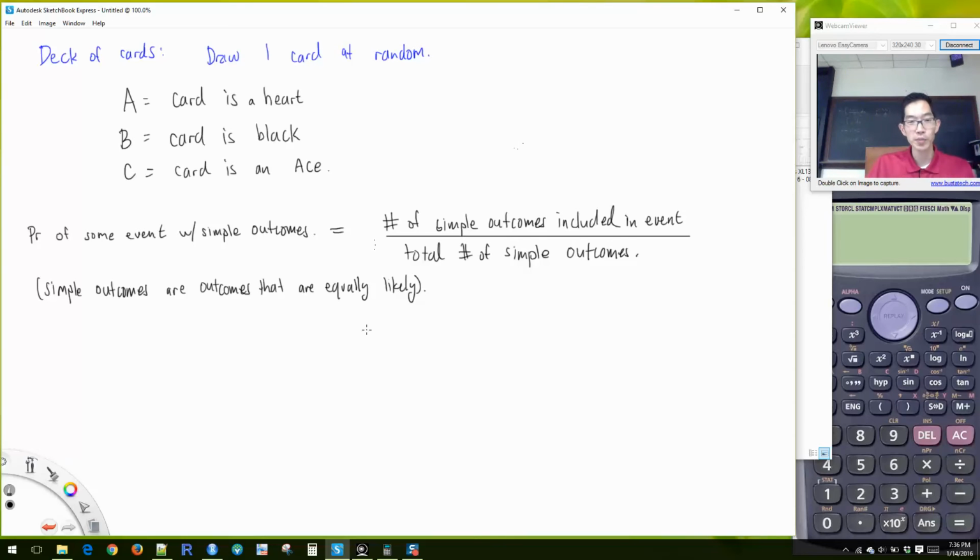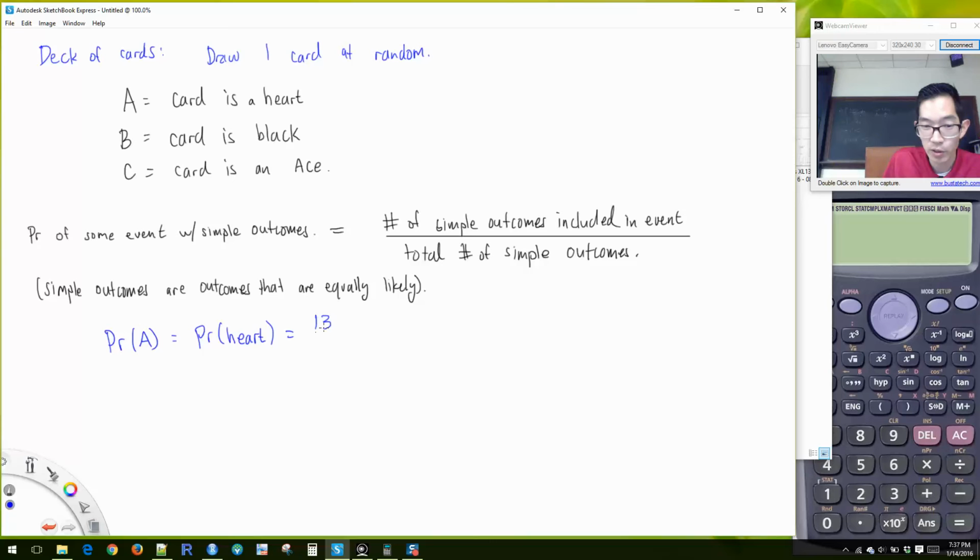Okay, so using this, what is the probability of A? The probability of A is the probability that the card is a heart. How many hearts are in a deck of cards, and how many cards do we have total?